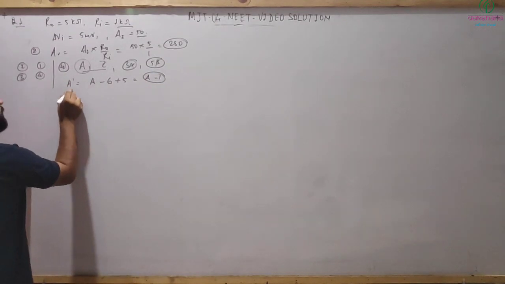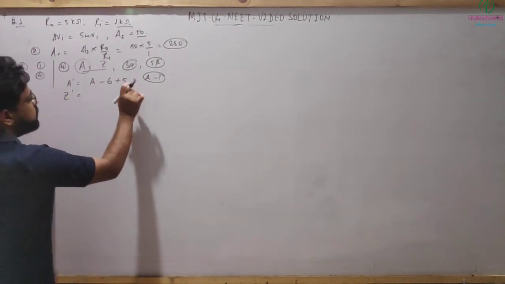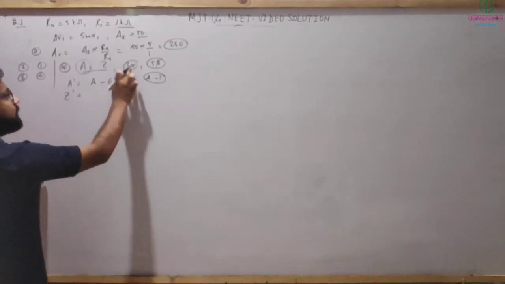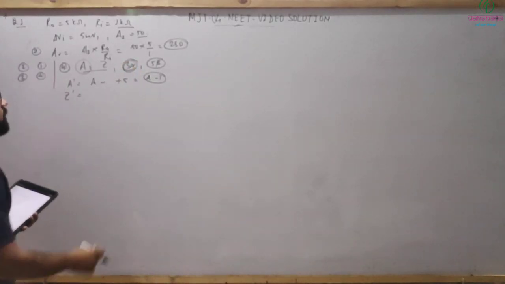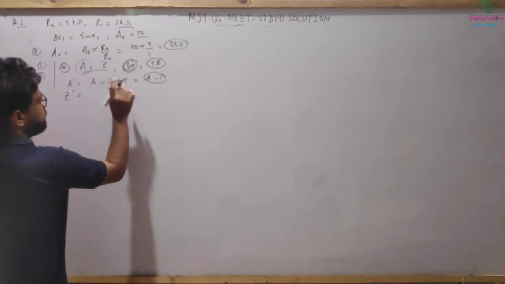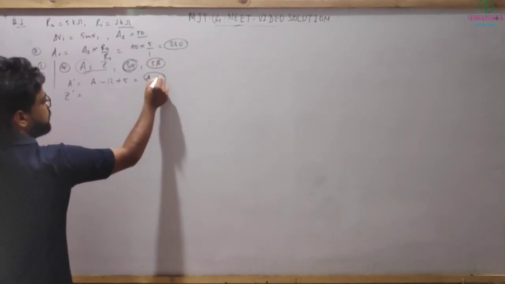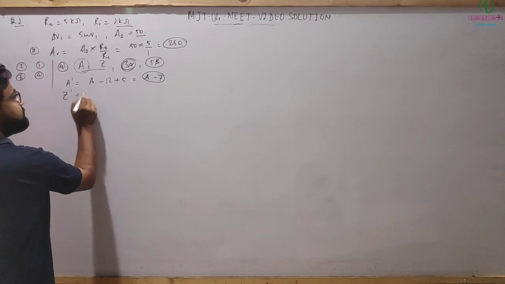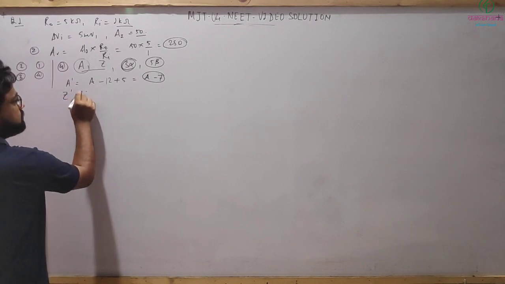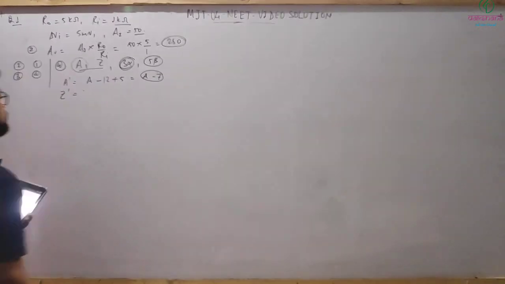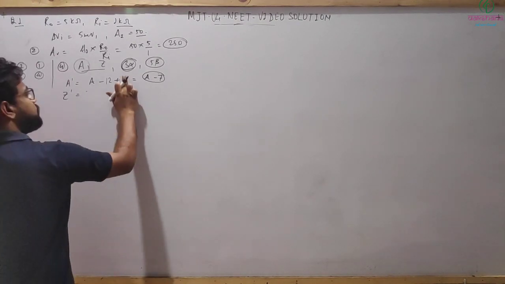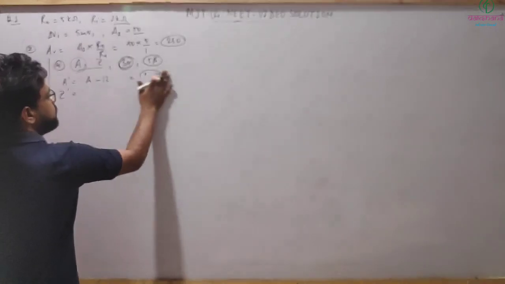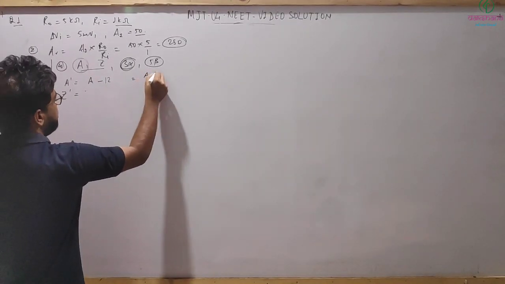And Z prime will be, because of 3 alpha it will be like 4, so it will be 12 plus 5, so it's coming out to be minus 7. I think I just made a mistake. Because of beta there is no change in mass number, so it will be simply A minus 12.